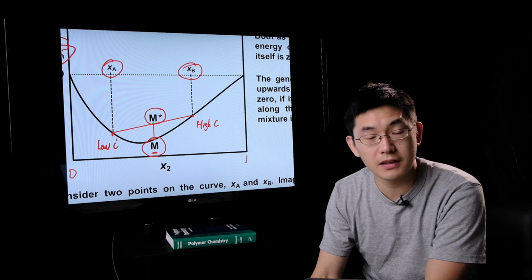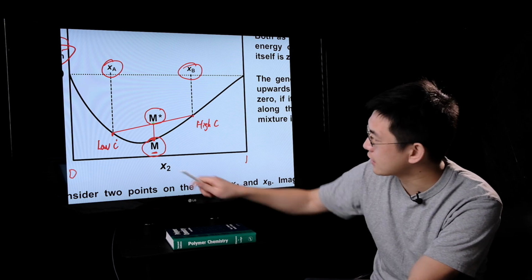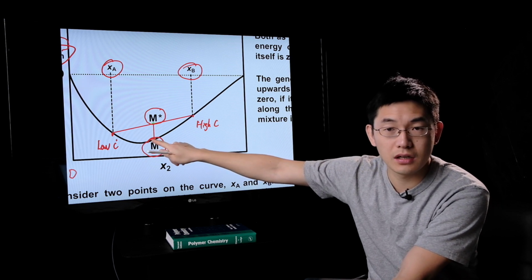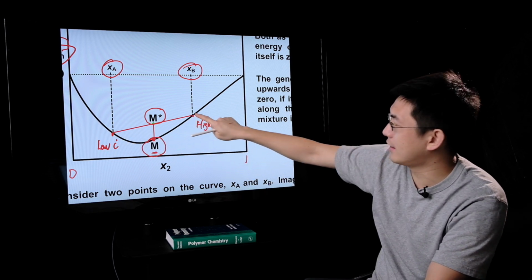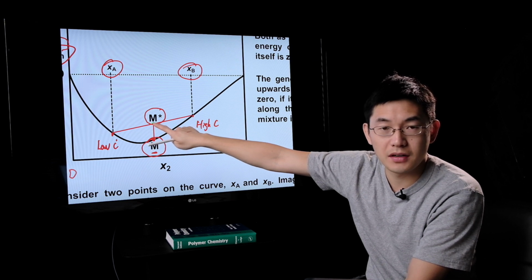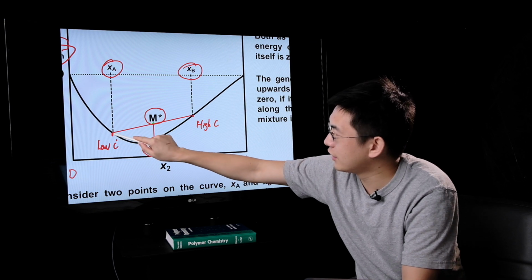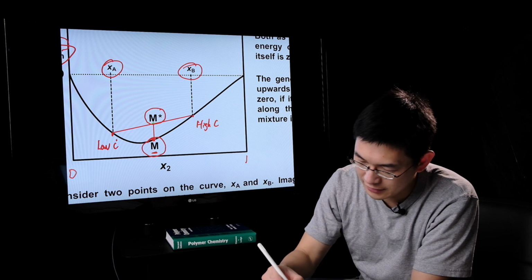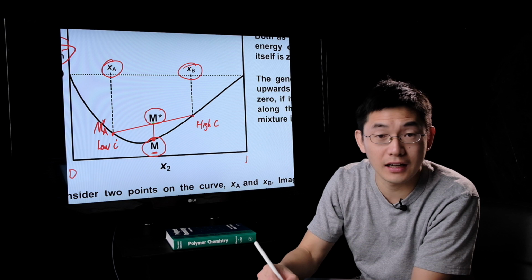It turns out the system free energy before is just where this sits, right here. And after phase separation, it's going to be a linear combination of these two data points. If you draw a line, the middle point of this line is going to be the free energy of the system after combining. We can call it MA star, particularly because it has A concentration.